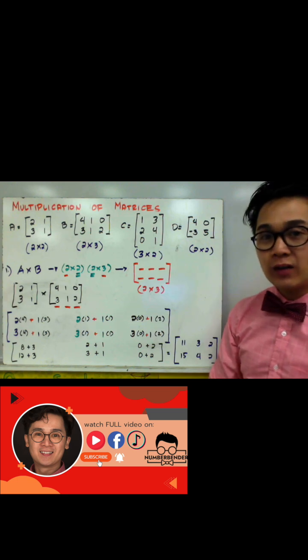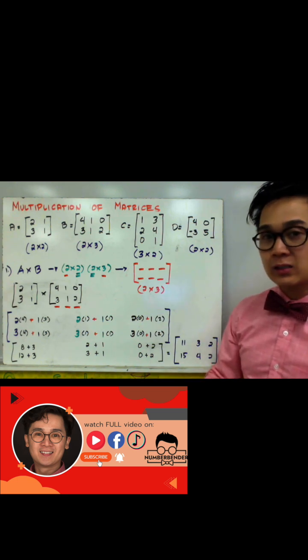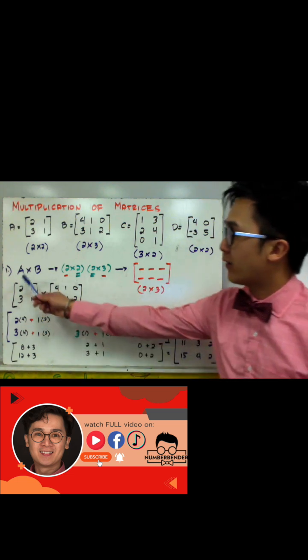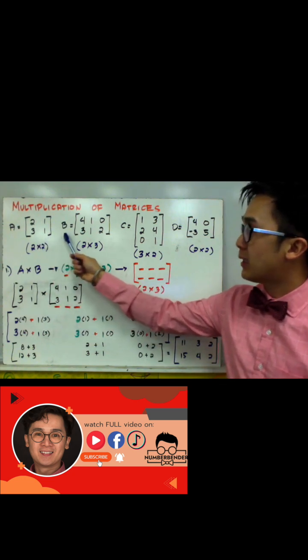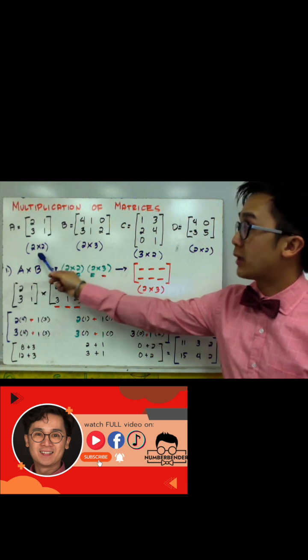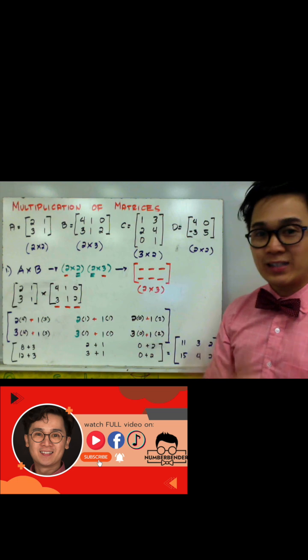Now, how do we verify if the first matrix and second matrix can be multiplied? So let's have the first example. Let's have A times B. To multiply matrices A and B, if this were addition or subtraction, it would not be possible because they have different orders. In multiplication, it is a different story.